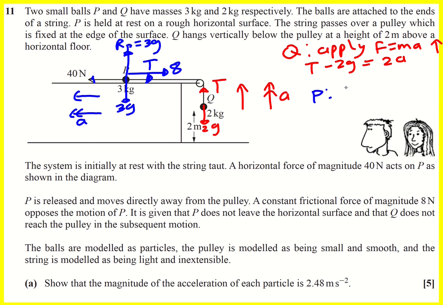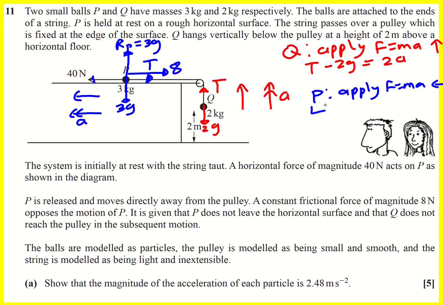And then for P, you're going to apply F equals ma to the left. I think it is good to say exactly what you're doing. Sometimes you resolve forces because they're equal and they cancel. But we should quote the formula that we're actually using, and the direction that we're applying as positive. That's what I mean by up. I'm saying that up is positive, and then to the left is also positive. We can swap it around later on. We just have to be careful because it will change the equation slightly, with negatives and so on.